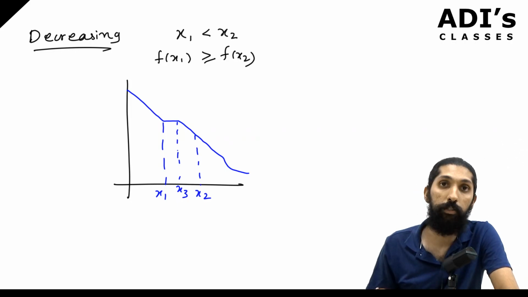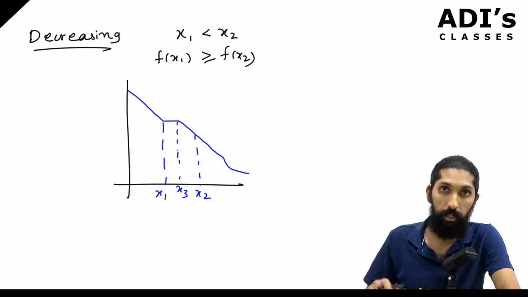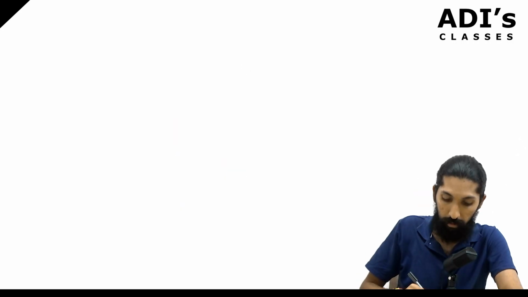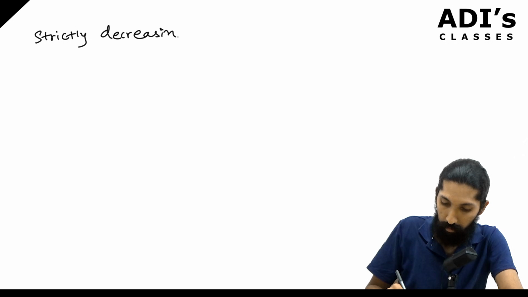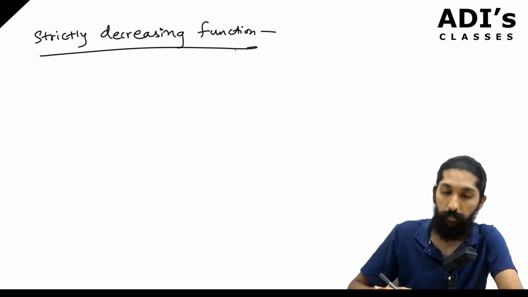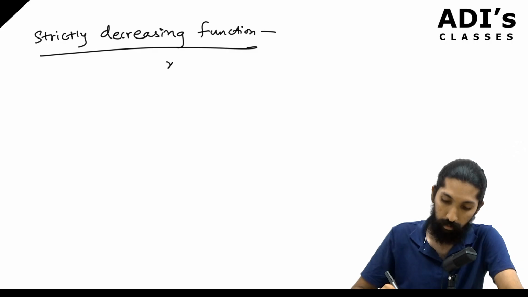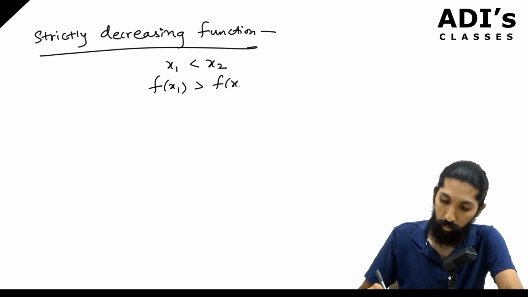Now you must have already thought about it. The next type of function is a strictly decreasing function. All right. So we are going to understand what a strictly decreasing function is now. So here what we have, x1 is less than x2, but f of x1 is greater than f of x2.